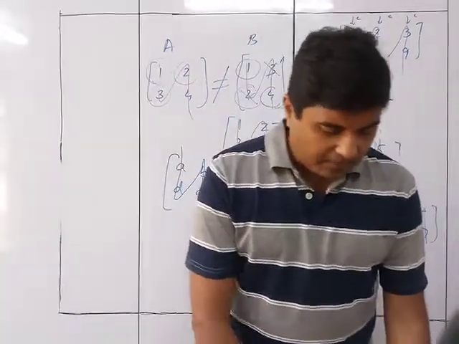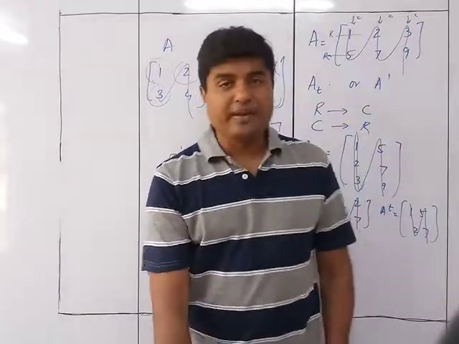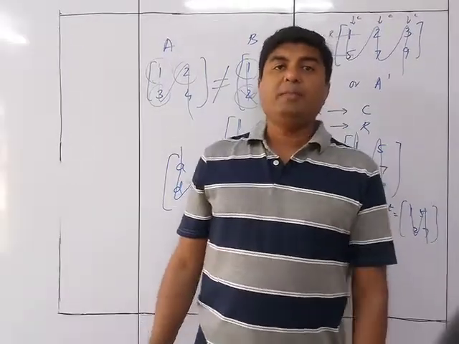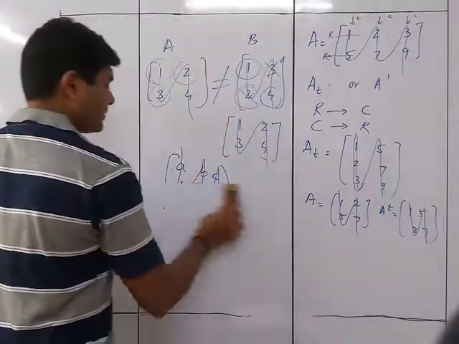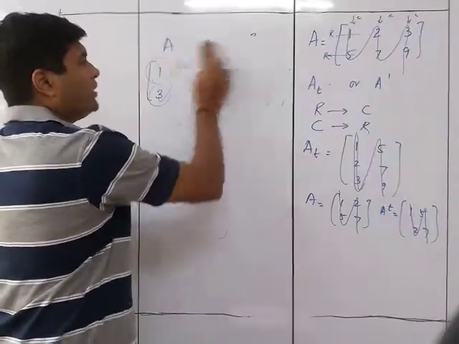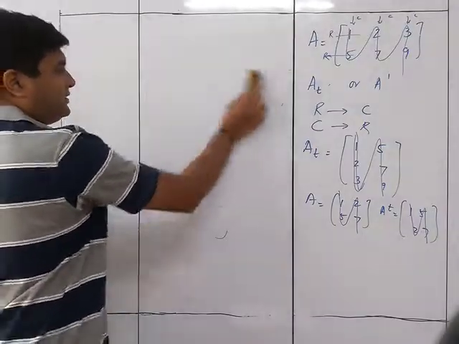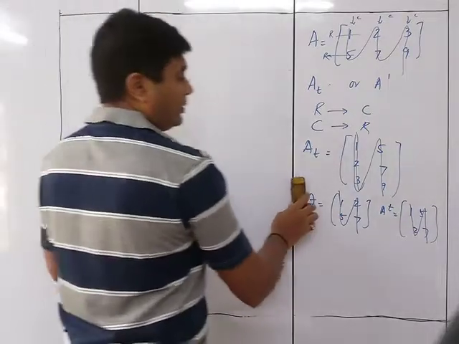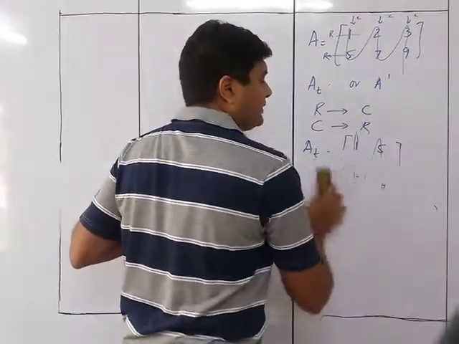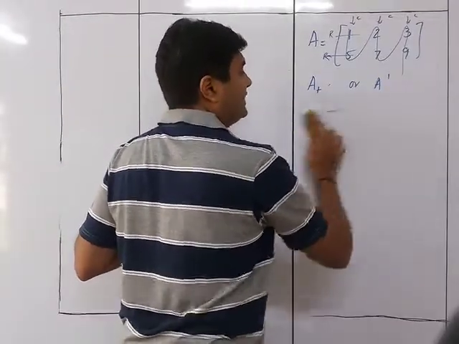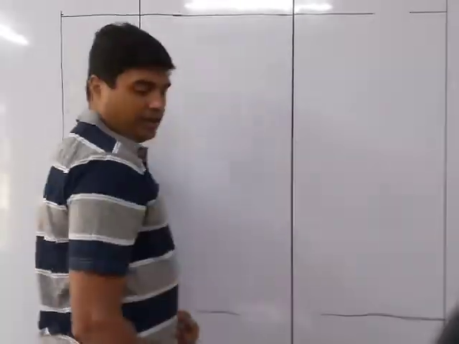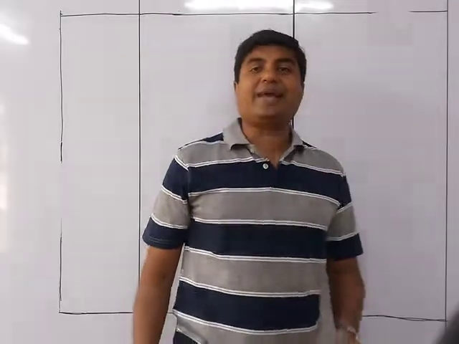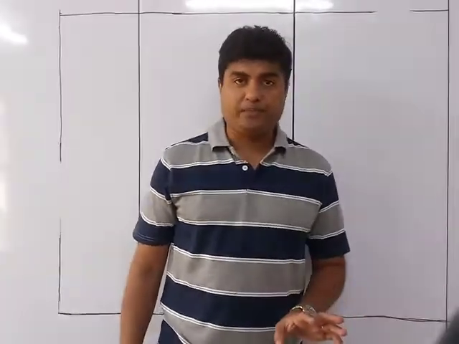So that's about the different kinds of matrices. Now we come to the main part, that is the addition and subtraction of matrices. When I talk about addition and subtraction, I said earlier also that the most important thing is that the order of the matrices has to be the same.